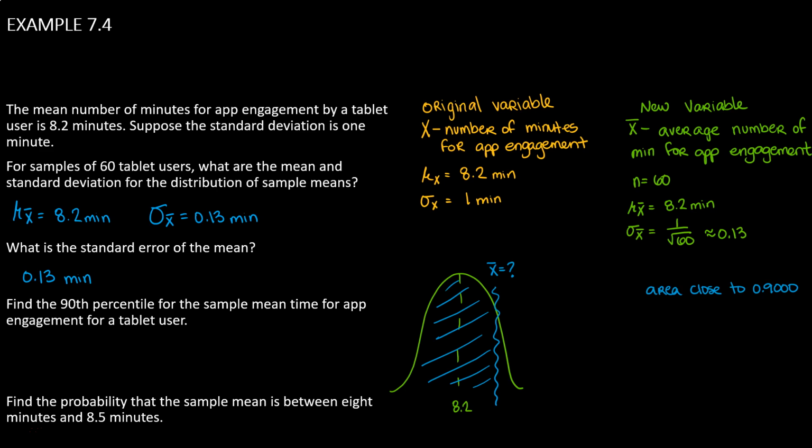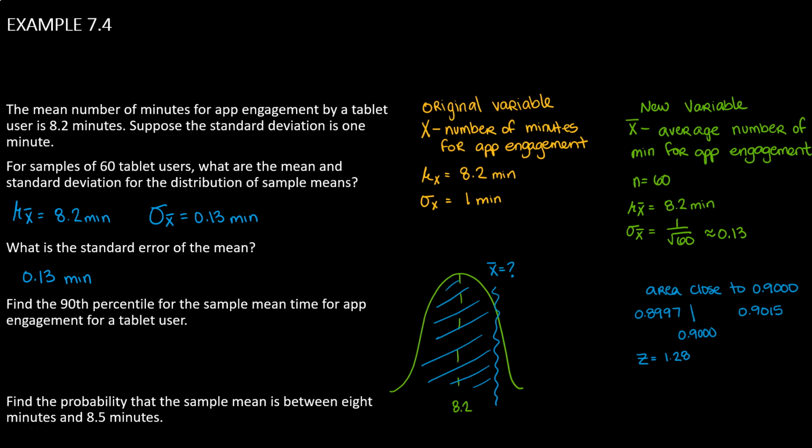Unfortunately, that number is not on the table, but there's two numbers that are close. There's an area of 0.8997 and an area of 0.9015. 0.9 is a little bit closer to the 0.8997, so we're going to take the z-score from that area. The z-score for the area of 0.8997 is 1.28.